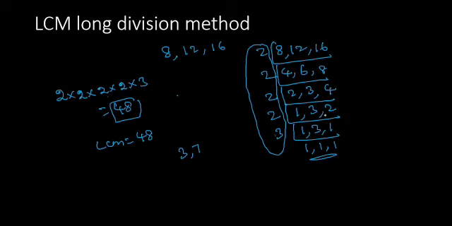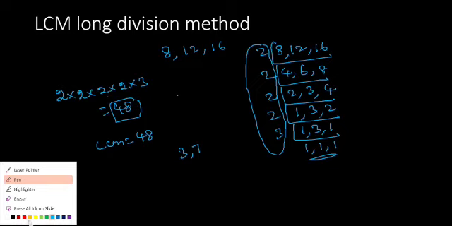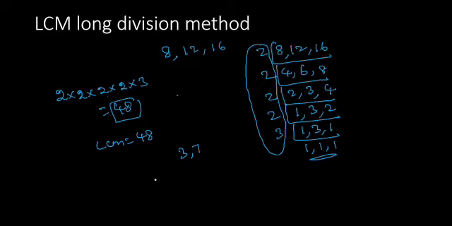So for the LCM of 3 and 7, the common divisor in this case is 1.